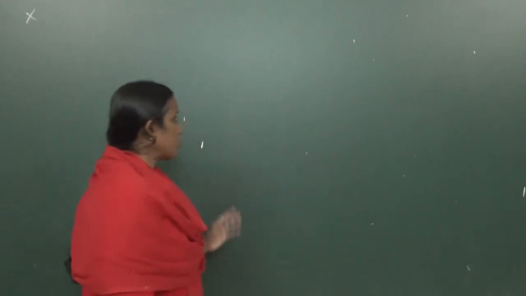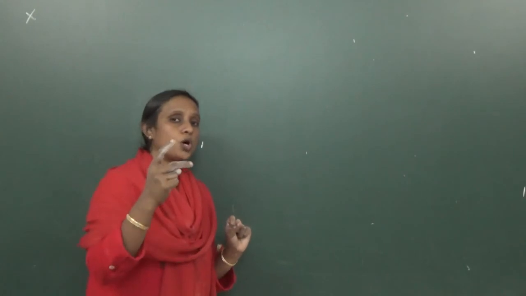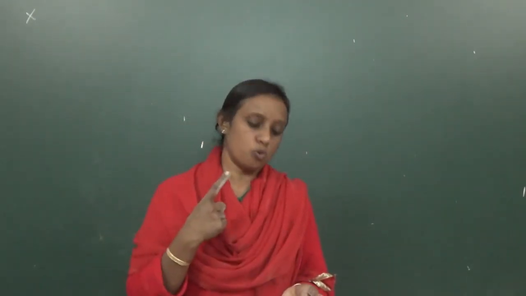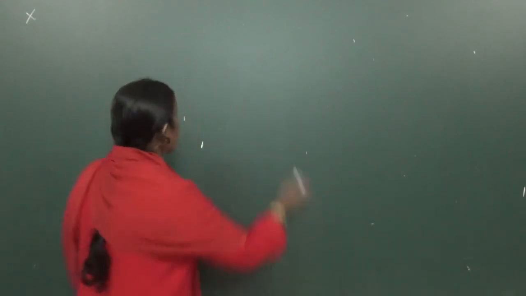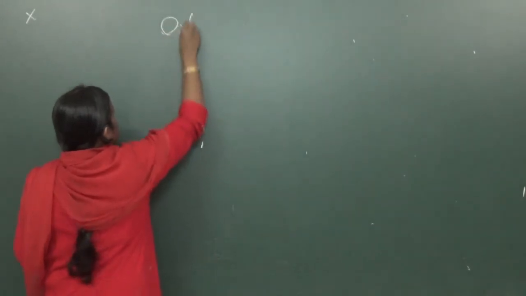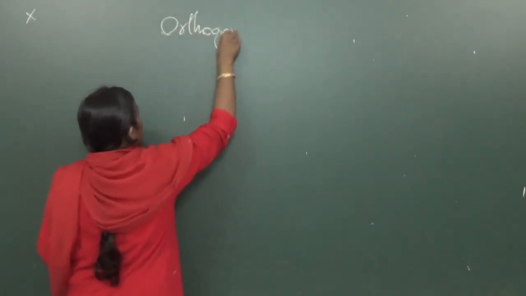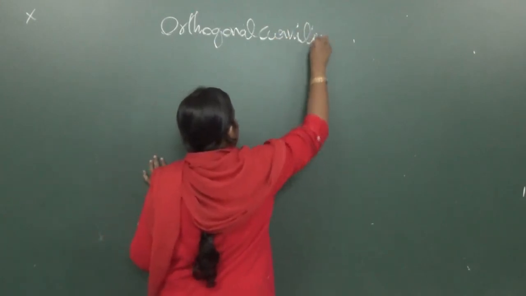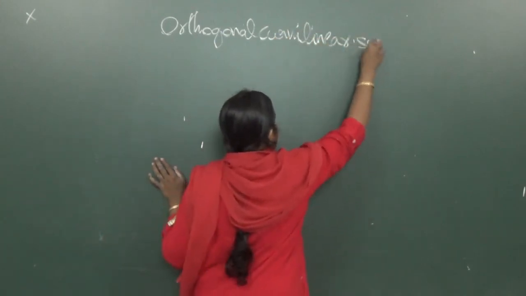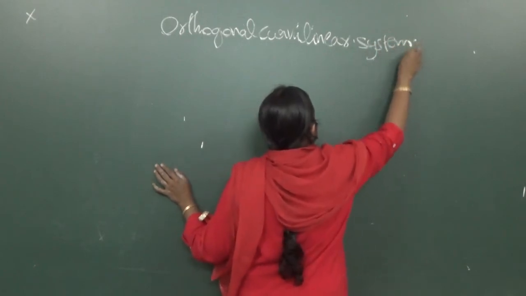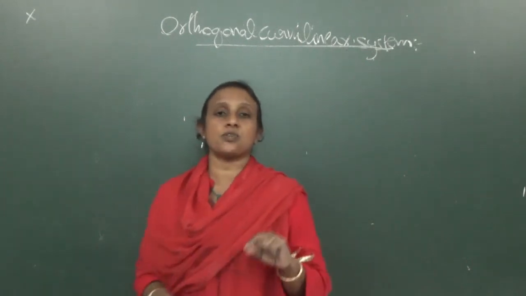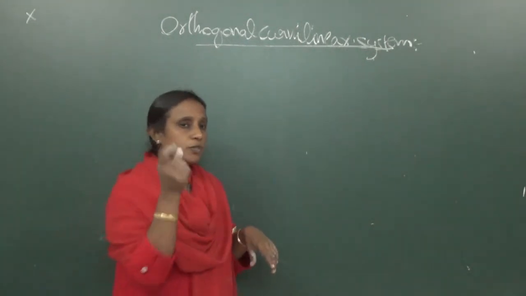For example, we can generalize these coordinate systems, that means Cartesian, cylindrical or spherical, in a broad class: the orthogonal curvilinear system. I don't want to go into the details of this coordinate system, but I will give you some tips.